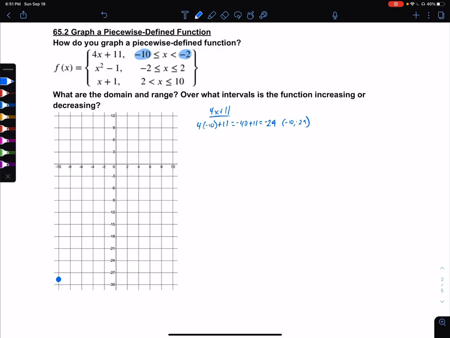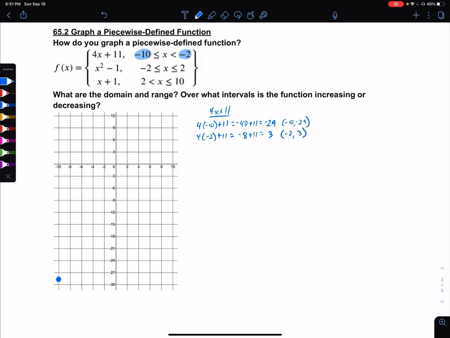And then I'm going to do the same thing using the max value for that specific domain, in this case, negative 2. So I'd say 4 times negative 2 plus 11. That would be negative 8 plus 11, which equals 3. So that gives me the point negative 2, 3. So negative 2, 3 would be here.